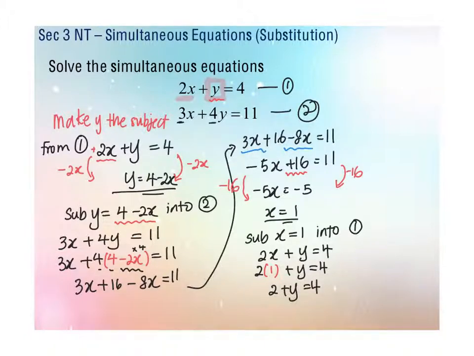How am I going to get rid of 2? This is a positive 2, so I'm going to subtract 2 on both sides. And I'm left with y equals 2. Therefore, our solution is x equals 1, y equals 2.